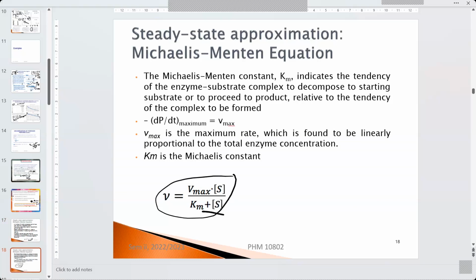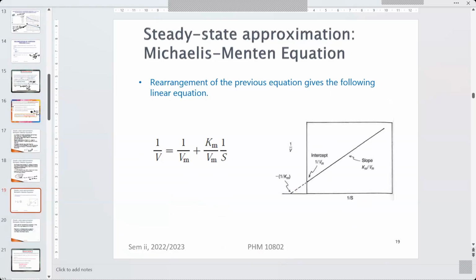Km actually is the concentration of substrate at which V is equal to half the Vmax. So here, this is the equation for the rate of reaction.